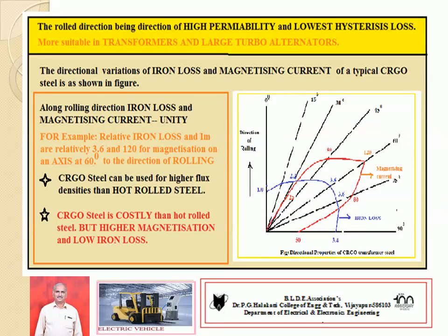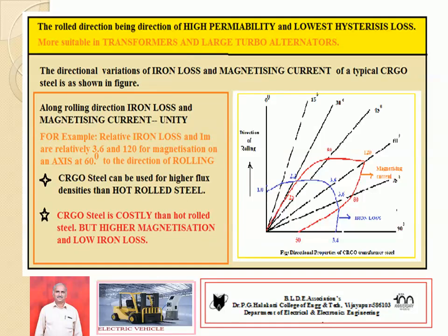Along the rolling direction, iron loss and magnetizing current are considered as unity. CRGO steel is used for higher flux densities than hot rolled steel. CRGO steel is costlier than hot rolled steel, but has higher magnetization and lower iron loss.